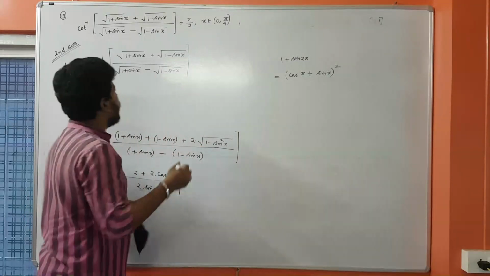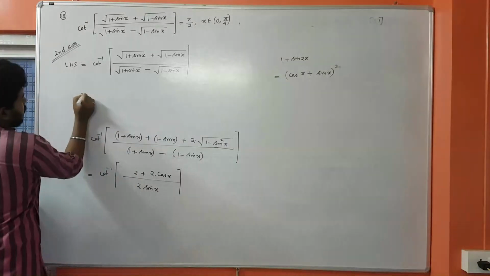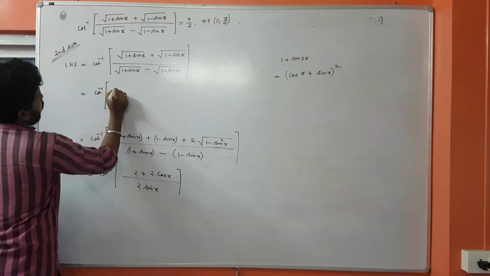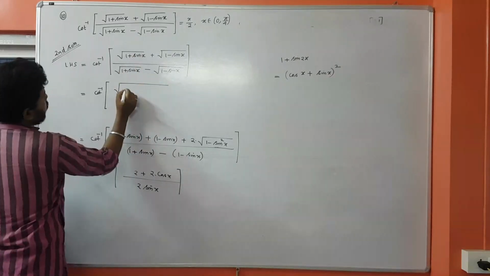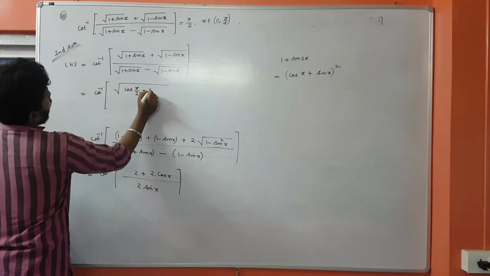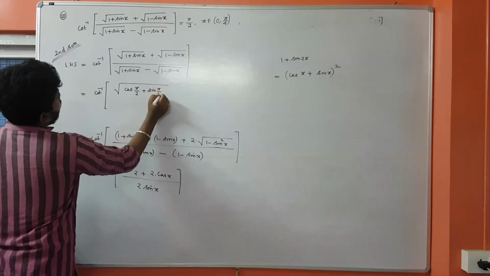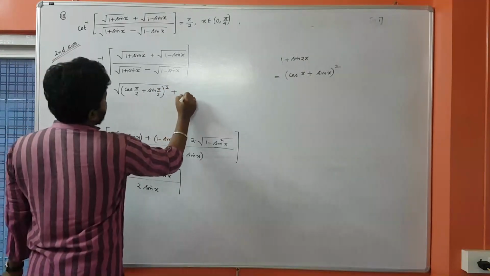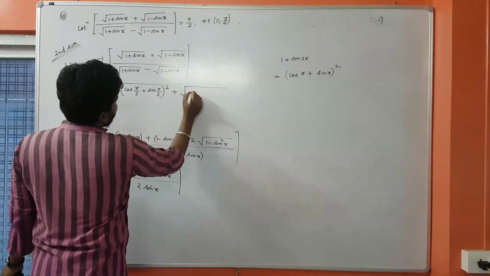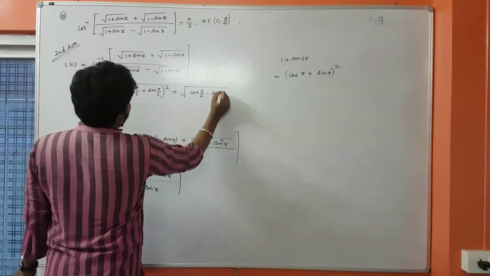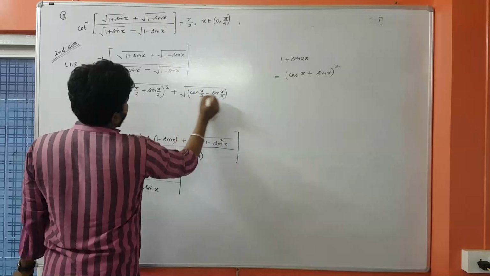Hence, I can write this, cot inverse of square root of cos x by 2 plus sin x by 2 whole square plus square root of cos x by 2 minus sin x by 2 whole square.